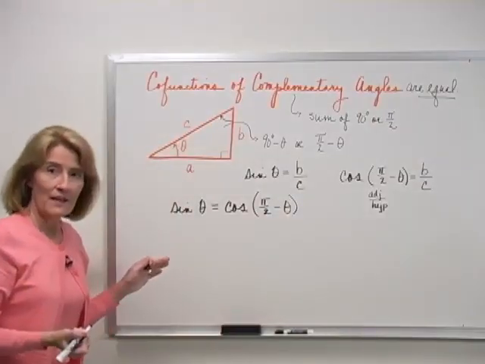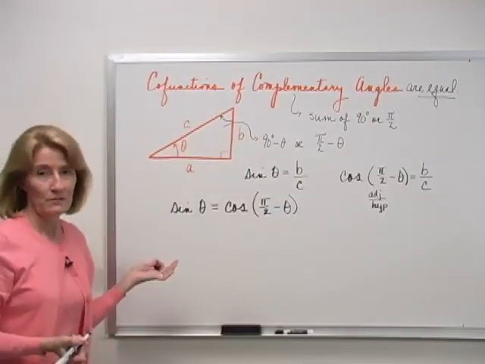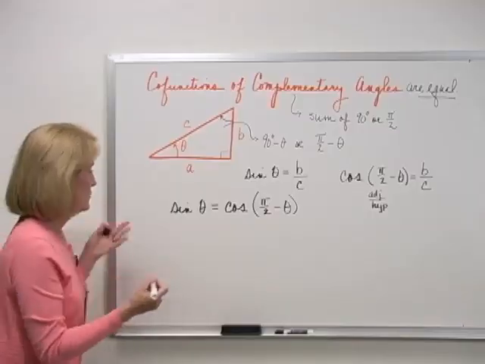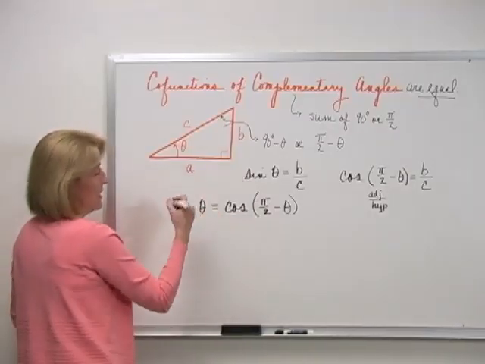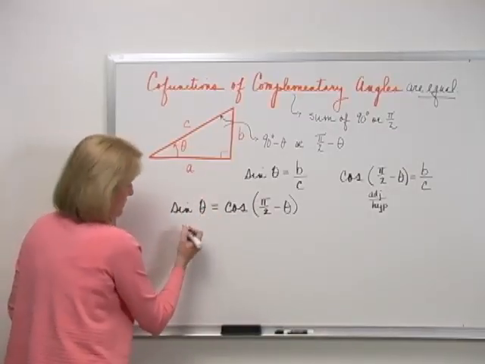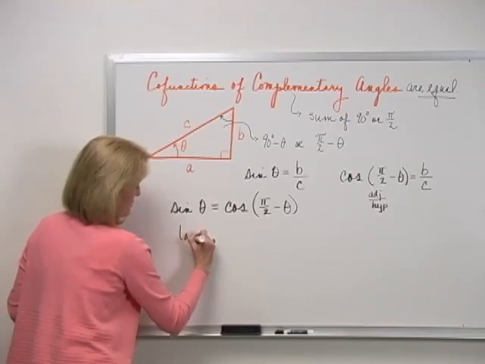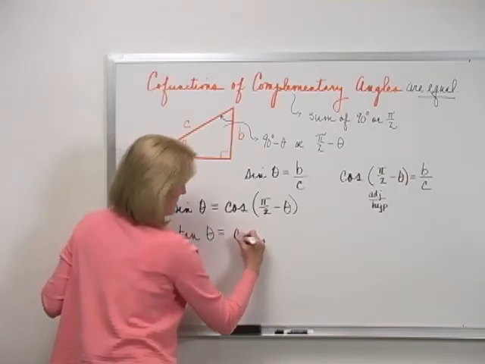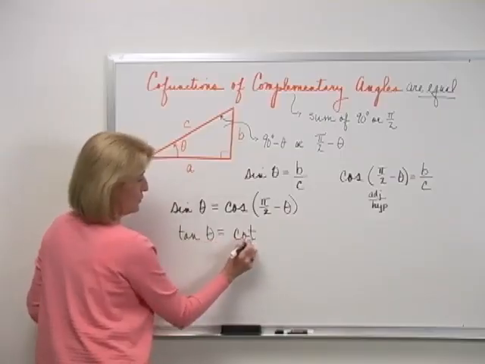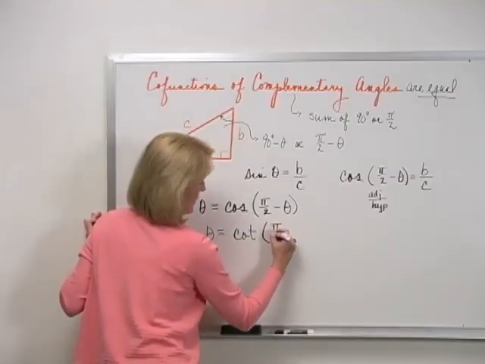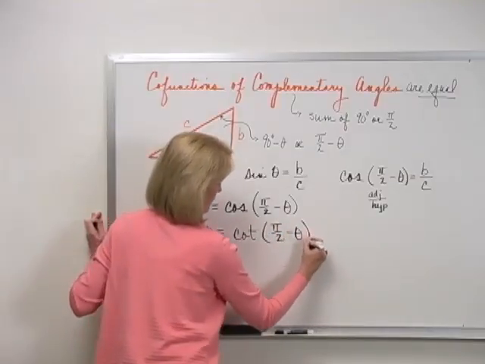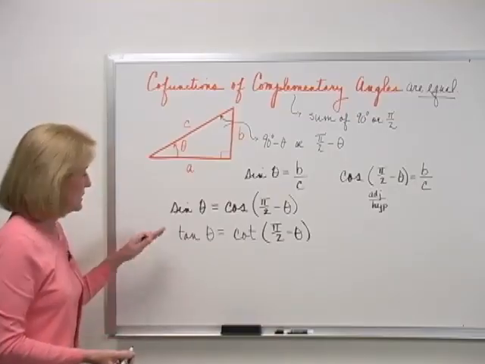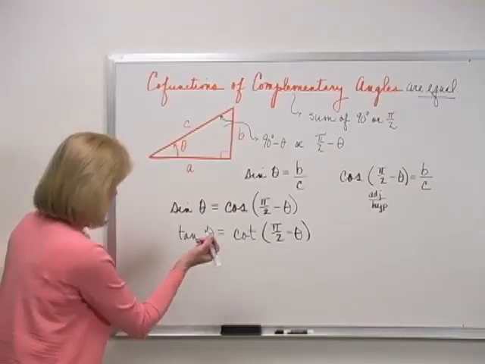Now, if we had all day, we could go through all of the other trig functions, but I think by this process you can see that I could write a similar situation for, let's say, the tangent of theta. And I could write this as equal to the cotangent of the complementary angle. And I could continue along with secant and cosecant.